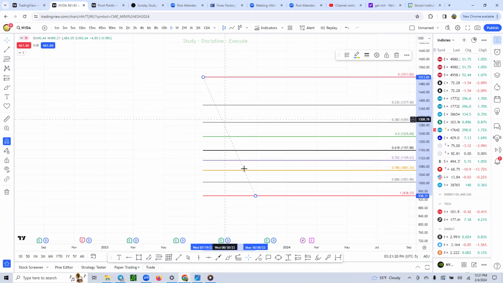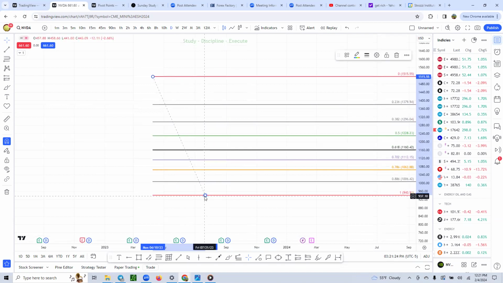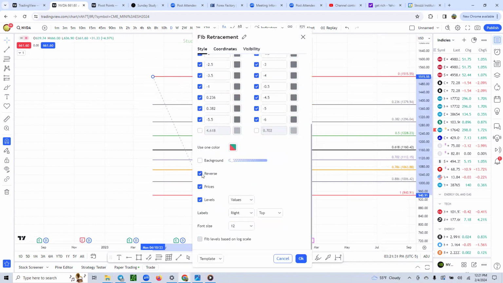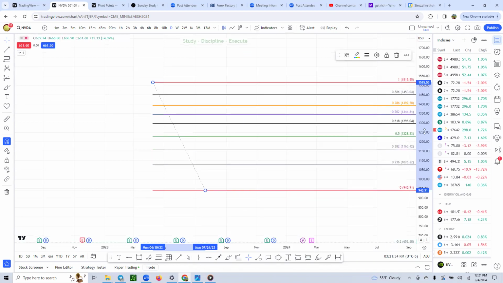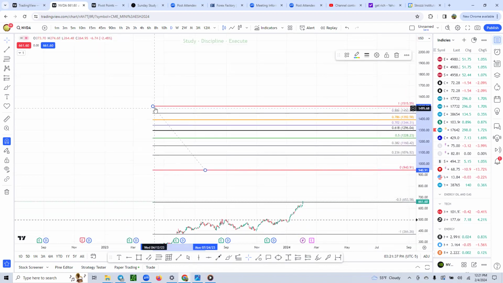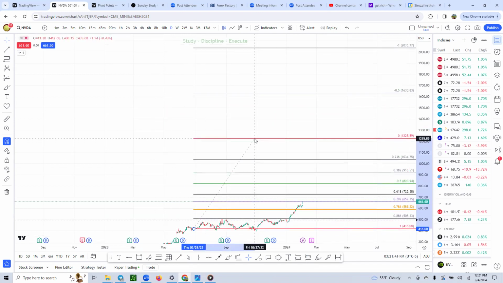I don't tend to use it, but you can use it when you're doing your analysis. Or, say you want the higher numbers at the top, you could just double click here, and oftentimes you'll see me go in here and hit reverse, and then it'll put the higher numbers at the top. So it doesn't really matter what you click first and how you drag it on your chart. You can always just switch it.